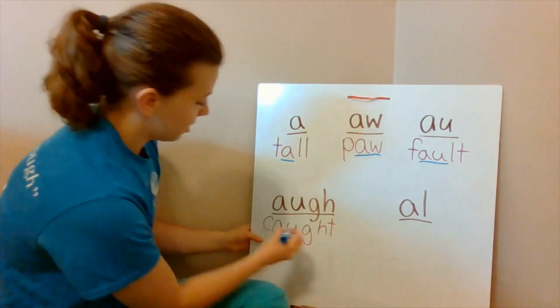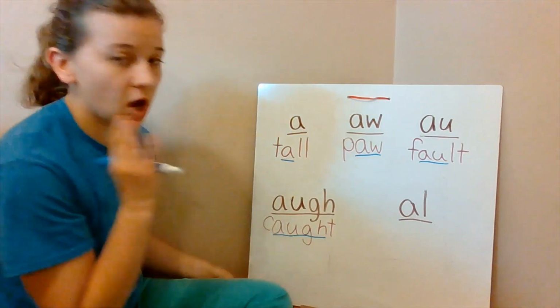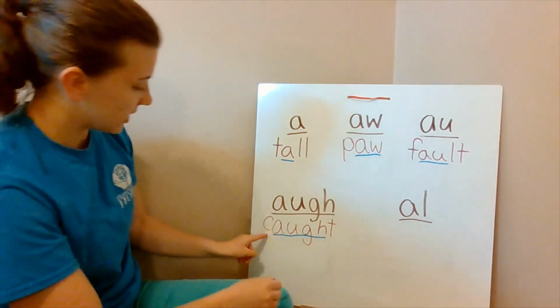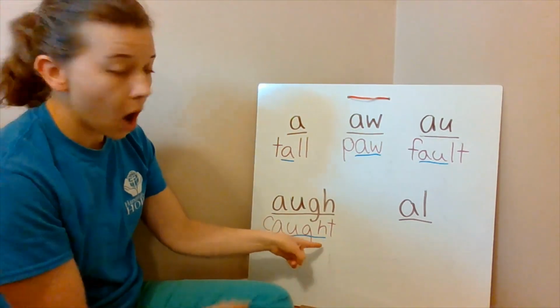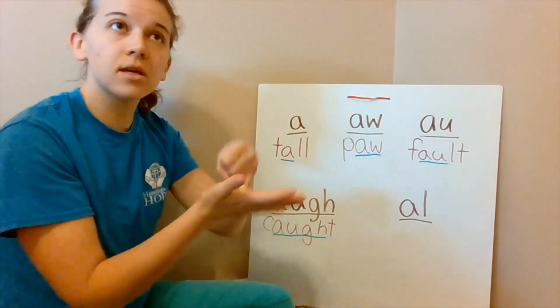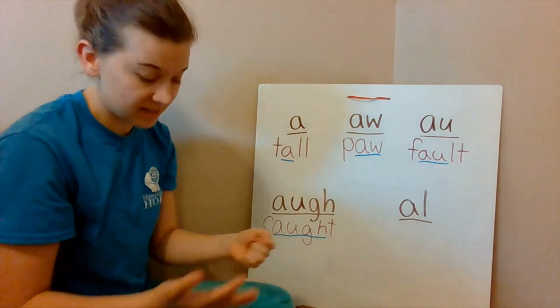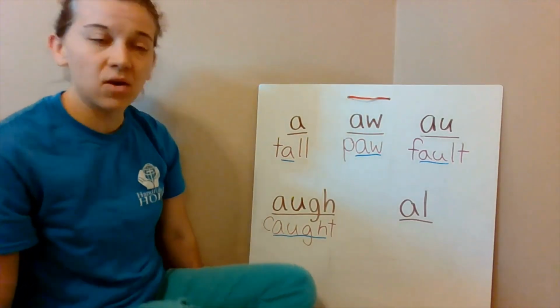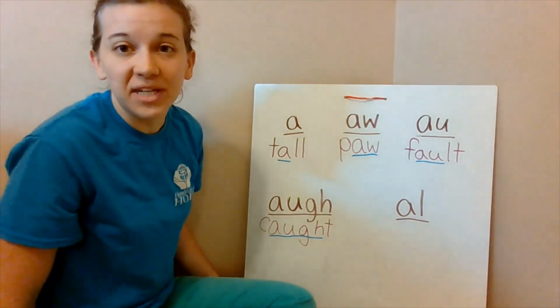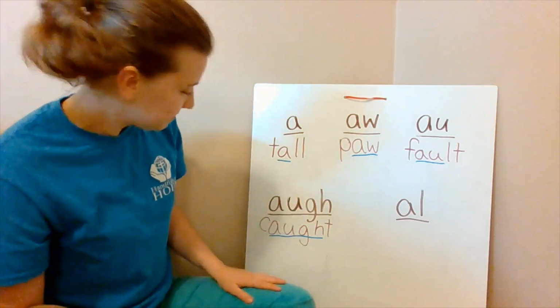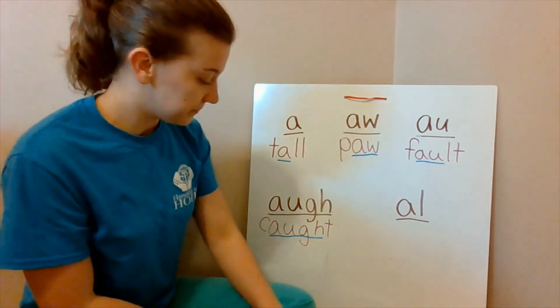All right, so remember, A-U-G-H says aw. Okay, so let's see. K, aw, t, k, aw, t. Caught, caught. That's like if you're playing hide and seek, or if you're playing tag, it's like, oh, I caught you, right? Caught, very good.